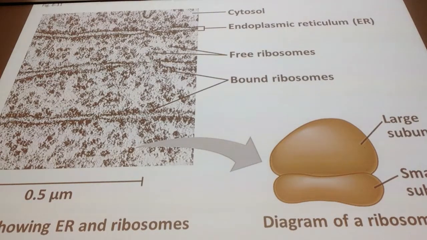Okay? And what's the signal that indicates whether or not they should be bound ribosomes? Topogenic sequences. Right? So the topogenic sequence on the polypeptide is recognized by some membrane-bound protein in the ER membrane that then can be pulled in. I'm sorry, not topogenic sequence.